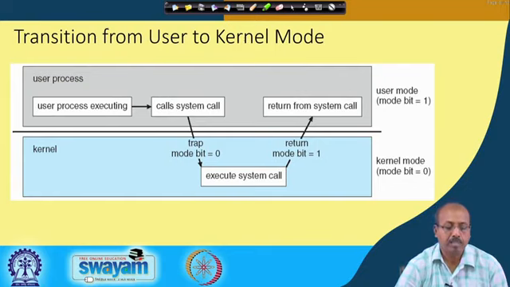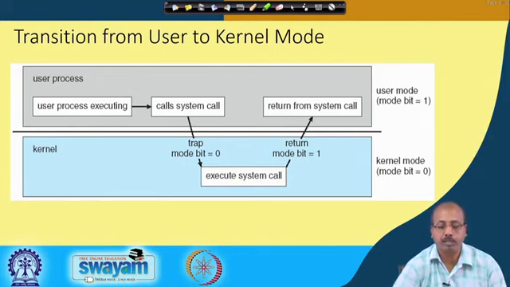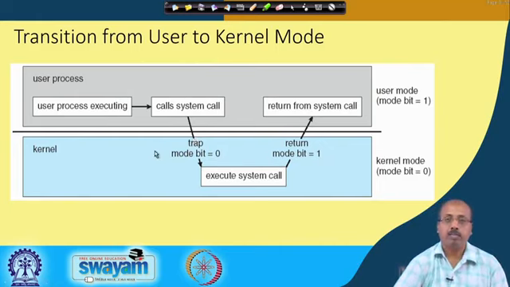The user process is executing, as I was telling, the normal statements that are there. They are getting executed by the user process, and after some time there will be a system call when the program needs to access system resources. It will be making system calls, and this is normally implemented by trap type of instructions that we have in the computer architecture.